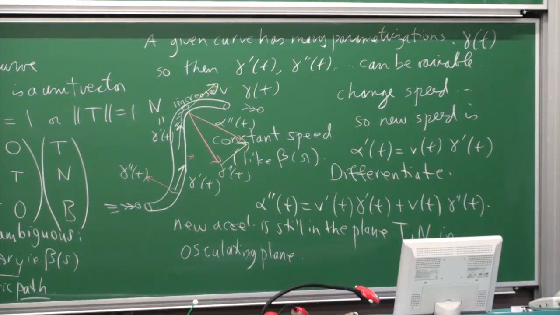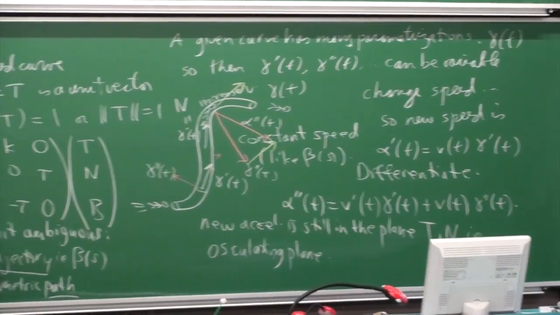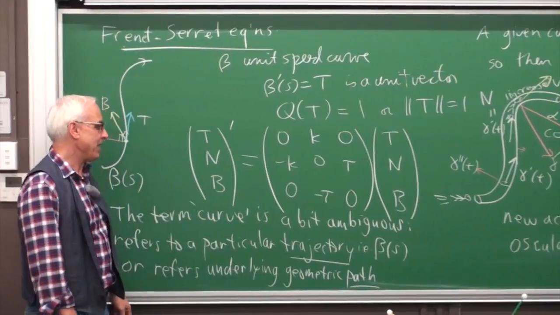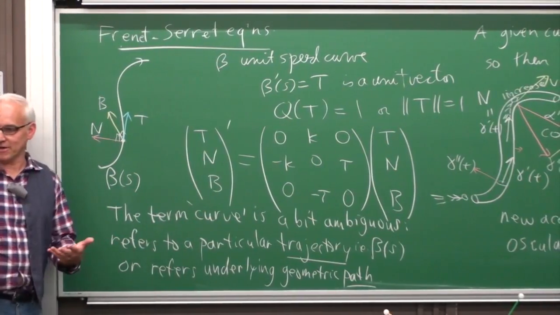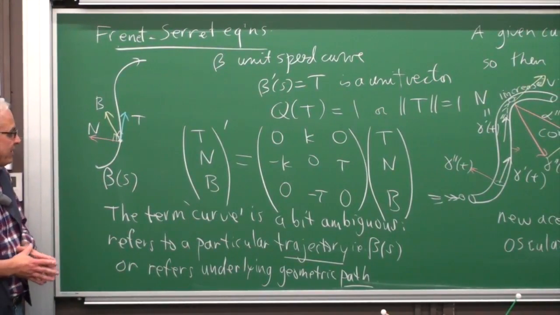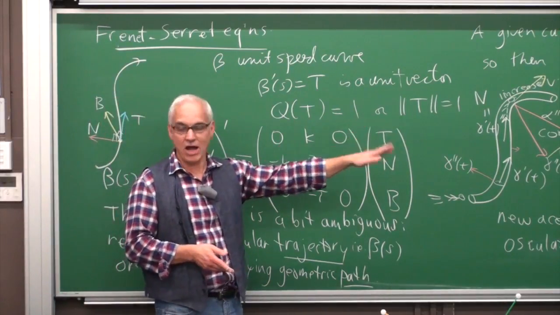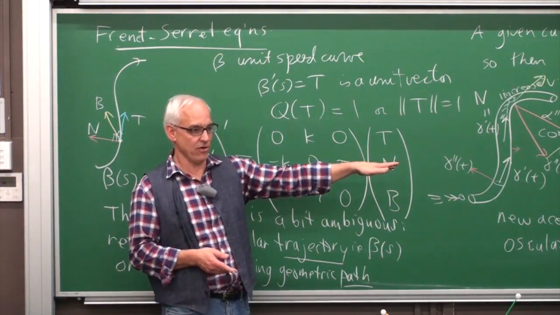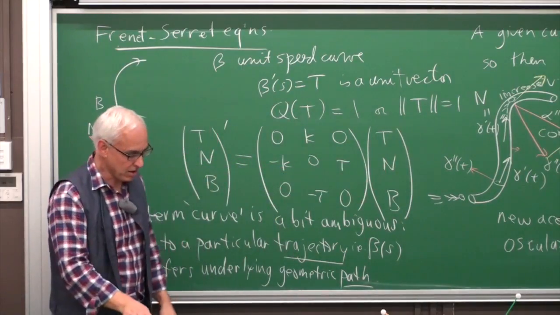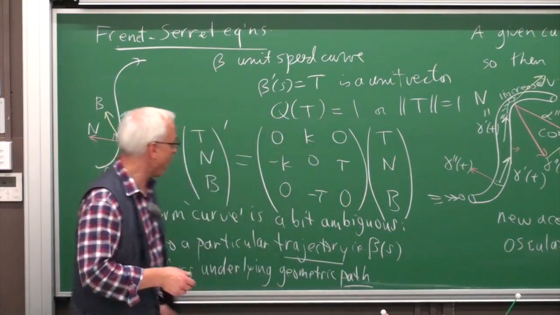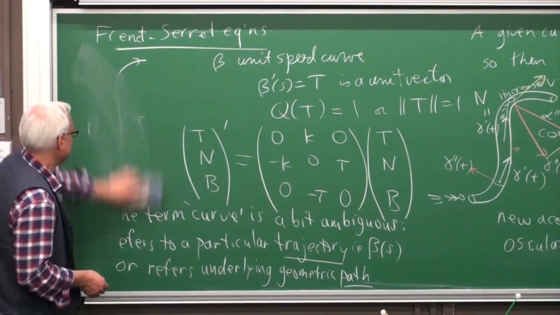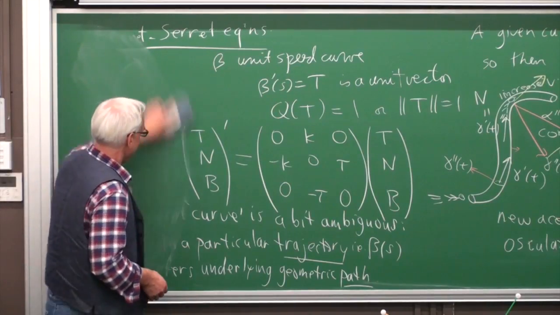And so although these Frenet formulas are beautiful and elegant, often they need to be augmented by some technology that helps us deal with more general curves when we're not just having a unit speed curve. Okay. So I want to talk about some slightly more general formulas that are quite interesting.